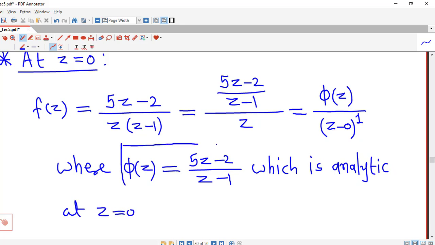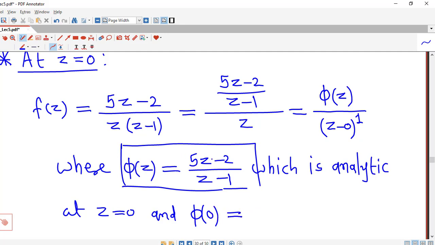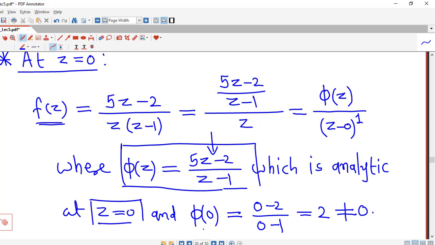This phi of z is not analytic at z equal to 1 only, so it is analytic at z equal to 0, and the value of phi at z equal to 0 is, we substitute z equal to 0 here, so we have (0 minus 2) divided by (0 minus 1), that is minus 2 divided by minus 1, which is 2, and it is non-zero. So f of z is expressed in this form, phi of z over (z minus 0) raised to 1, where this phi of z is analytic at z equal to 0 and the value of phi at z equal to 0 is non-zero.